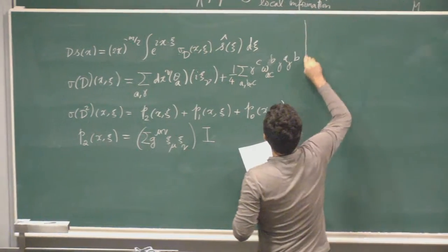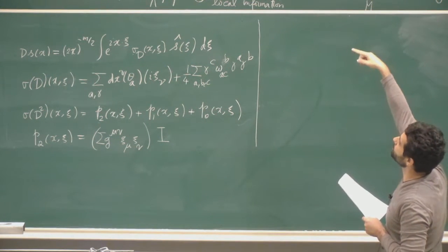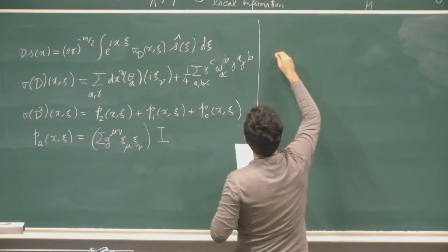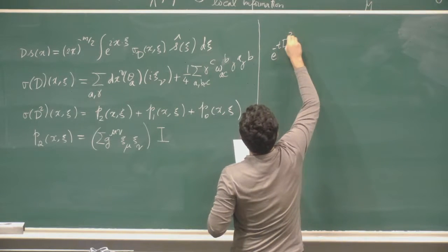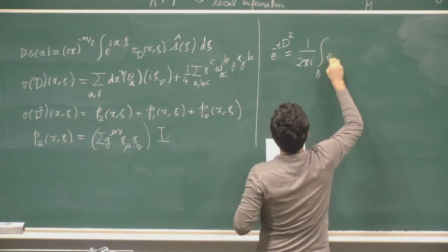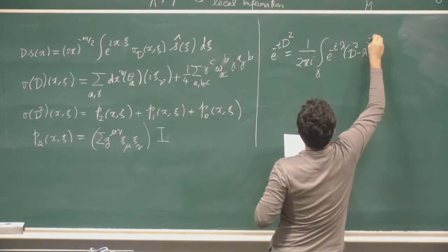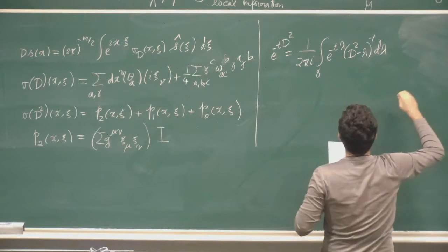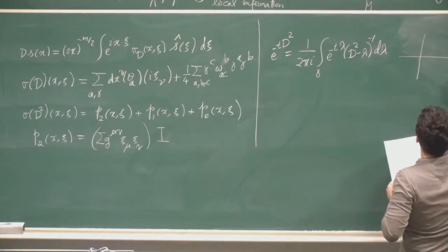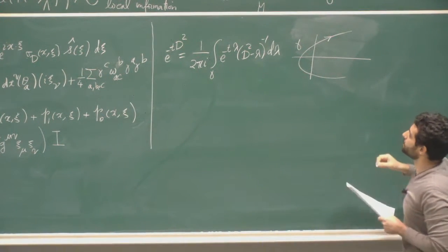So the idea is then, as I said, in order to get information about the trace of e to the power minus tD squared, to use the Cauchy integral formula. So gamma should go around the eigenvalues of D squared.